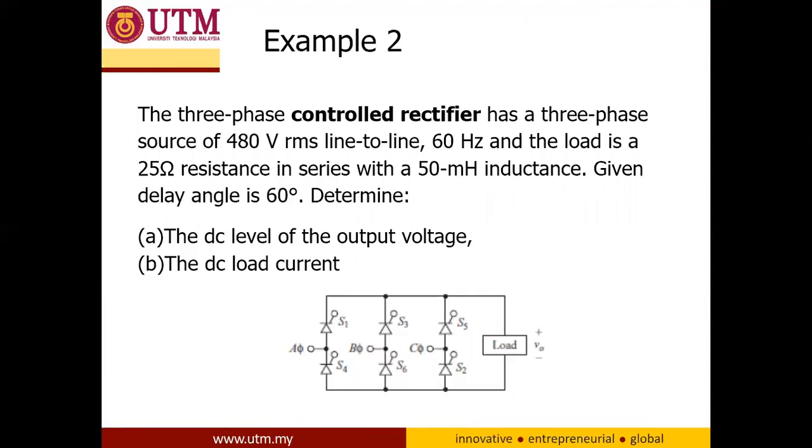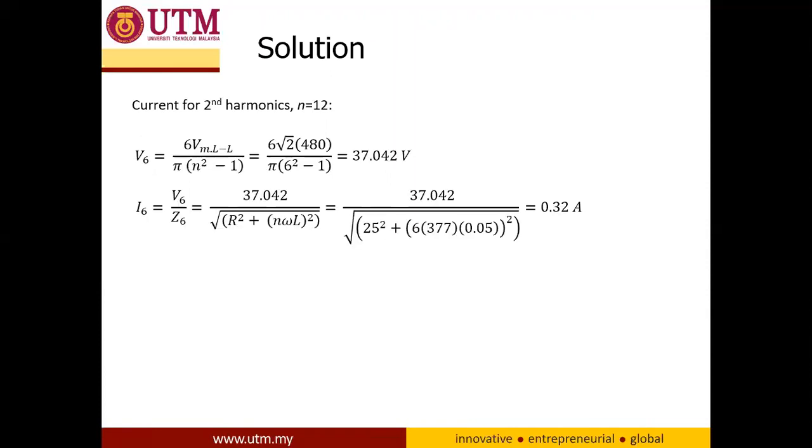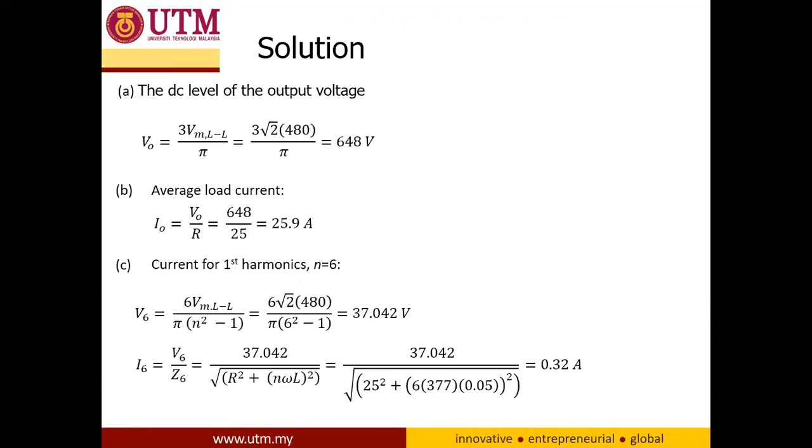We also have example 2 and its solution, which I leave to you to discuss and explore, which uses the same principle that we applied for the single phase. So thank you very much for three-phase.